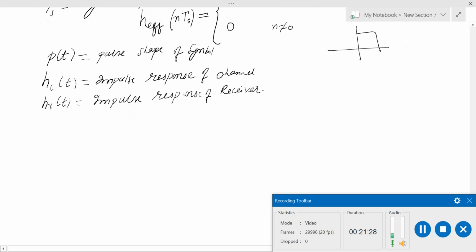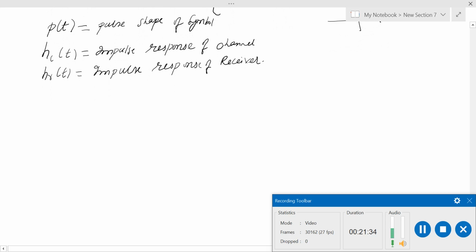Okay, then how can we represent the effective transfer function of the system? See, one is that this pulse gets transmitted via the channel, and then it is passed on to the receiver, right?